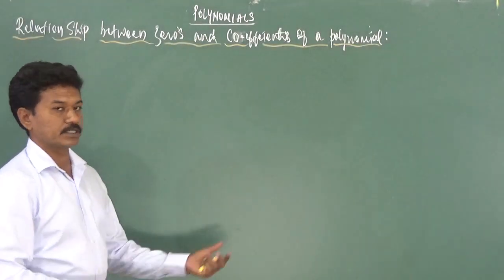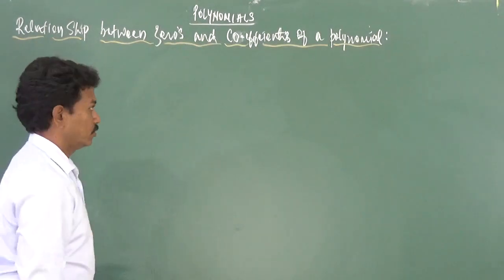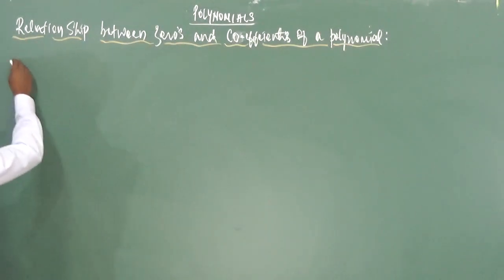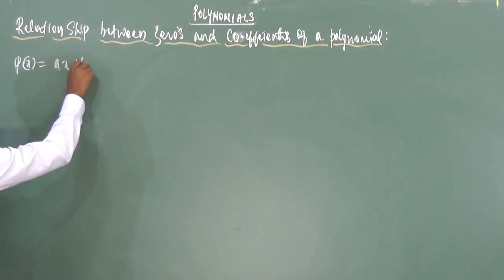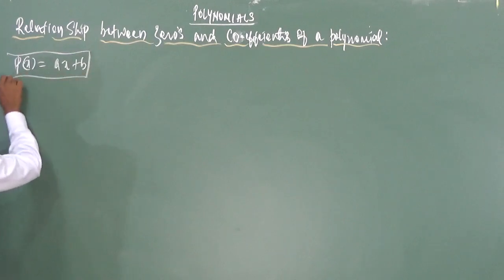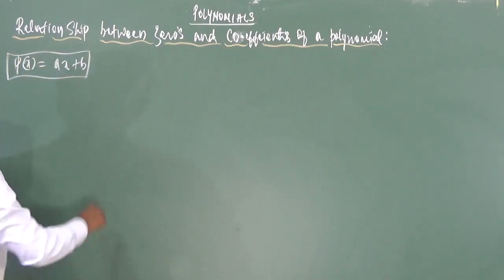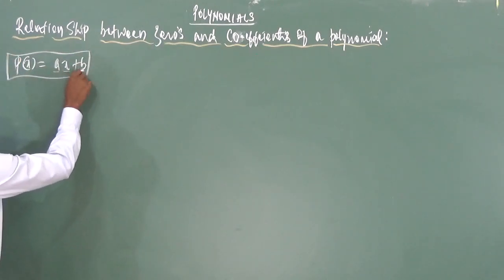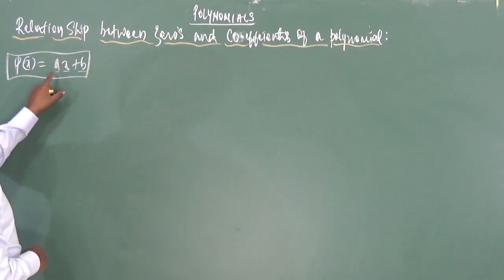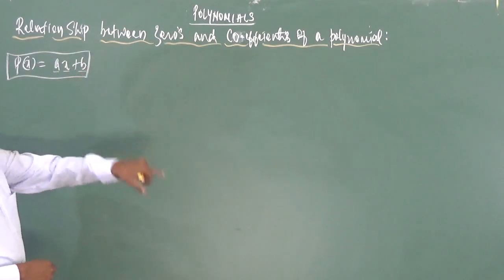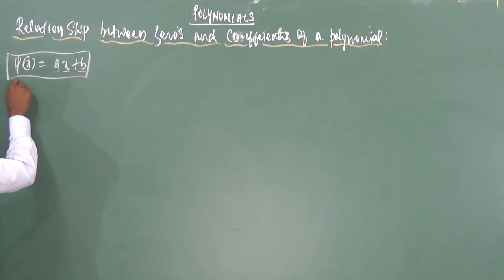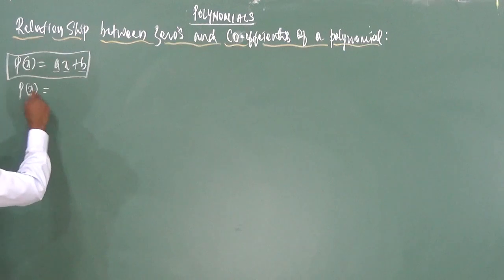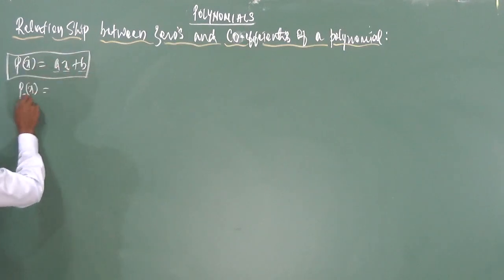That's very important. Let us start with a linear polynomial. Let us consider a linear polynomial, p of x is equal to ax plus b. This is the standard form of a linear polynomial, where x is the variable, and a and b are constants. Here b is called the constant term because it is without x. As we are going to find the zeros of this polynomial, we have to equate p of x equal to 0.